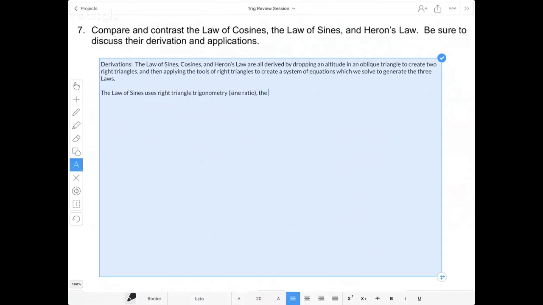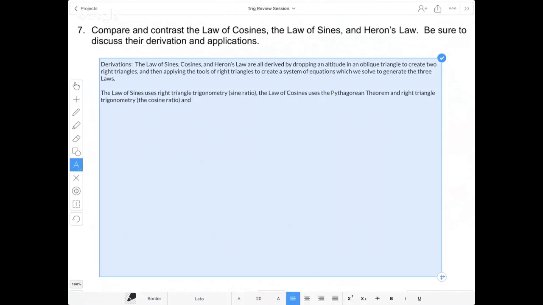The law of cosines uses the Pythagorean theorem and right triangle trigonometry, sine.